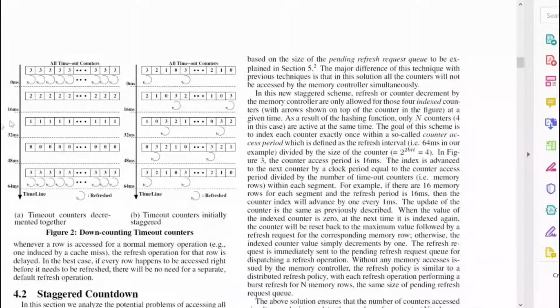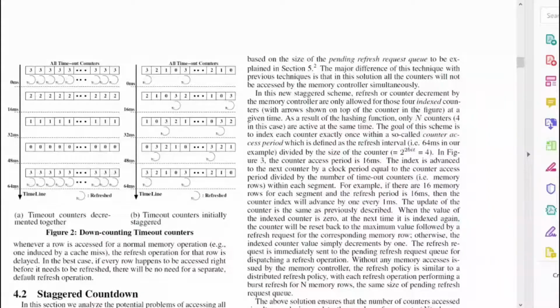After one more 16 milliseconds, at 32 milliseconds, the value will be 1. After 48 milliseconds, the value will be 0. And at 64 milliseconds, when the retention time is over, it will find the value is 0, so it will refresh this row, and the counter value will be reset to 3.